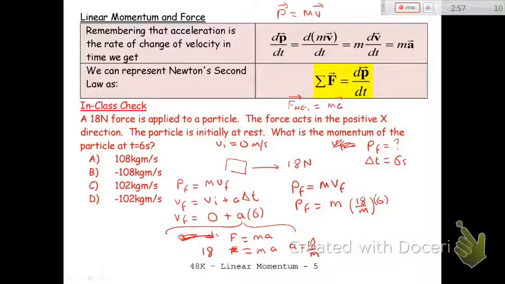And then cancel out the m's. So P final is equal to 18 times 6, 60, 48, 108. Man, that was hard work. What are the units going to be? I'm a professional, sorry. So that's the way you can do it doing kinematics.